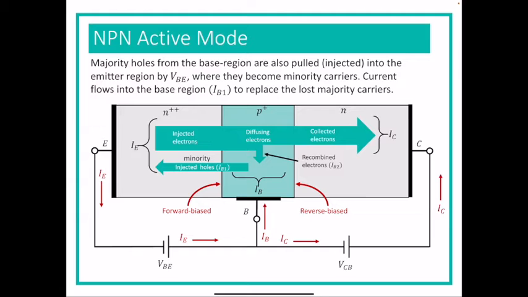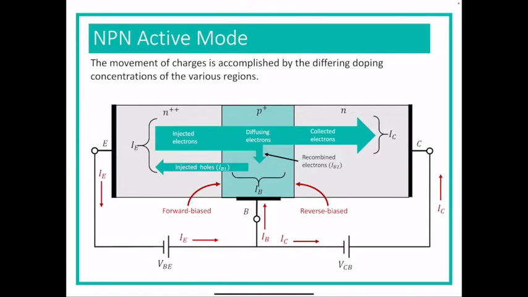So there was an IB1 and an IB2, and both of those cause that base current to be drawn. The reason the charges move the way they do is because of the doping concentrations of the regions. It wouldn't work the same way if you just had PNP and they were all the same. It really has to have differing doping concentrations in order to work properly.